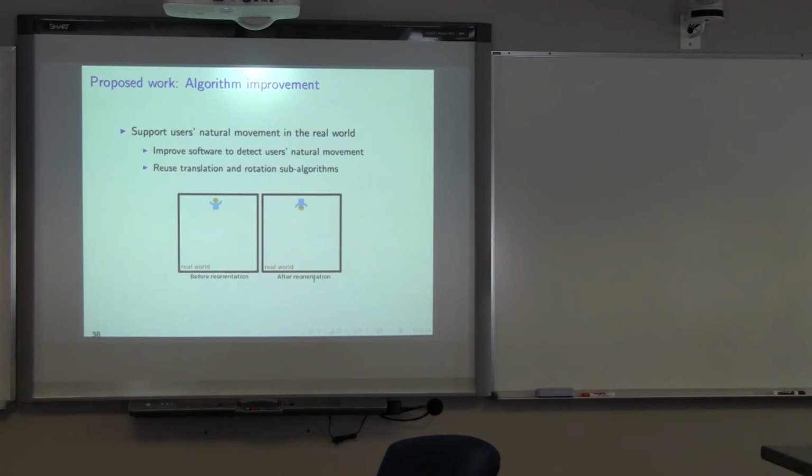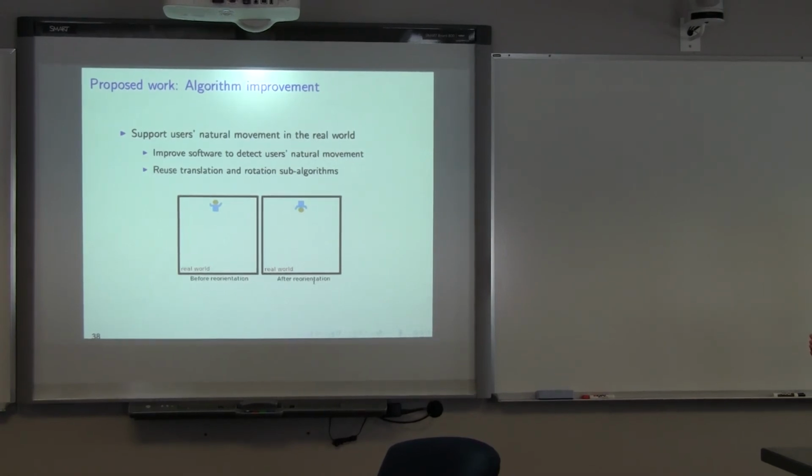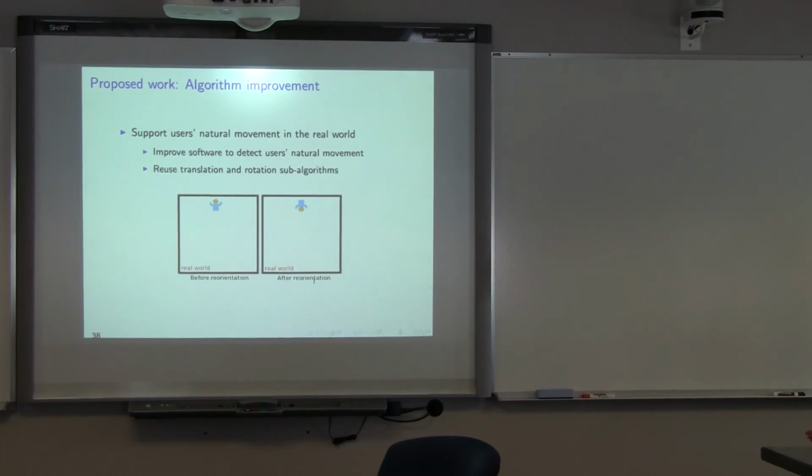And I propose to reuse my current dynamic sub-algorithms. Our algorithm currently assumes the user's walking direction is consistent with his looking direction. It allows the user to sidewalk or walk backwards. But in some extreme scenarios, it may fail.